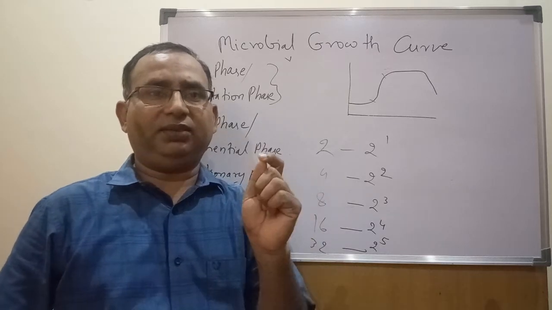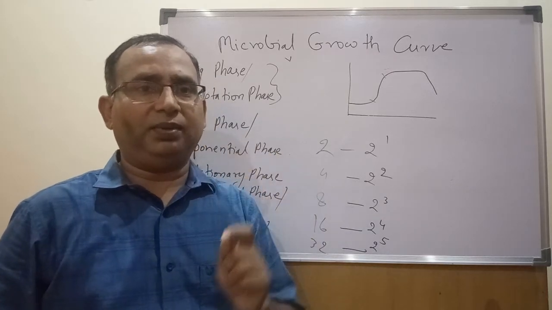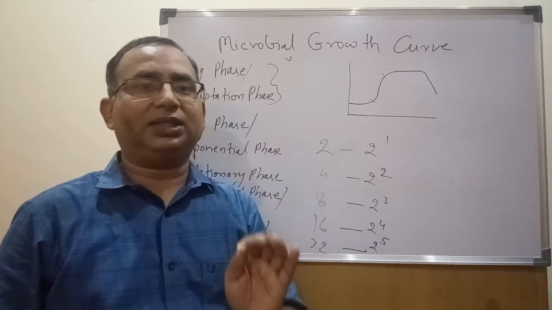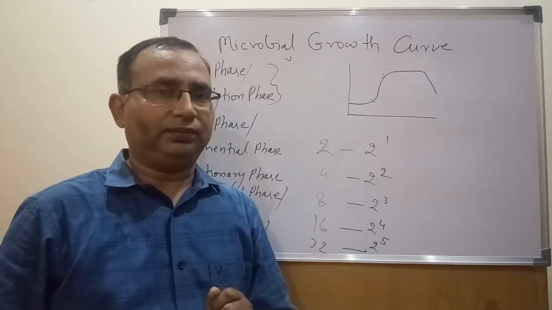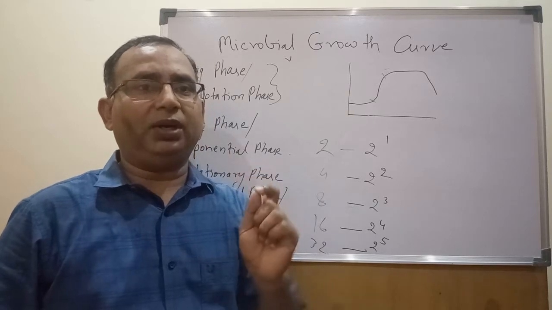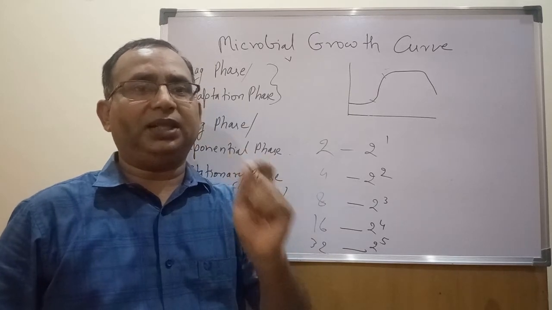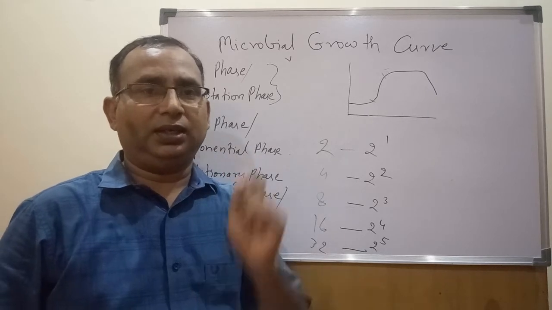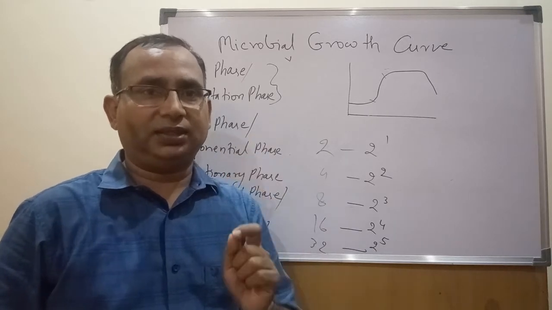Log phase is the phase of the microbial growth curve where maximum metabolic activity is observed. Means the maximum metabolic activity performed by the cell is observed during the log phase.